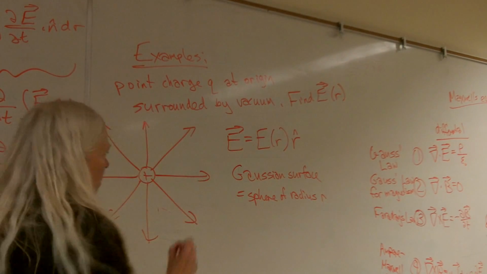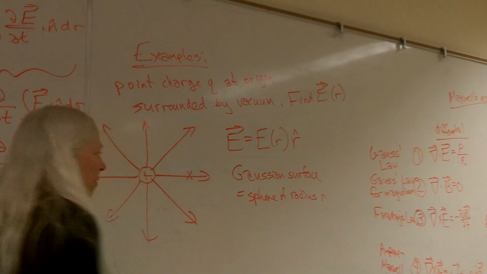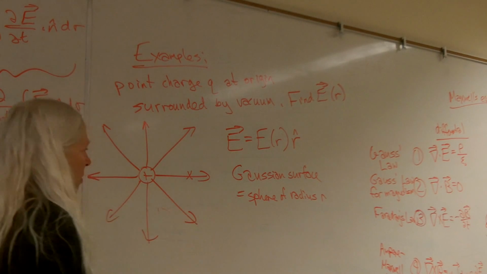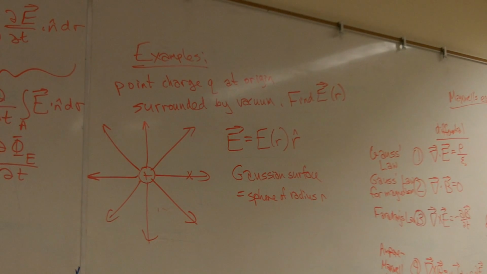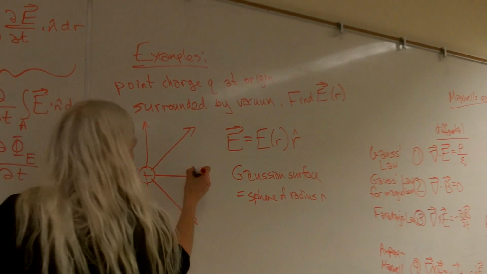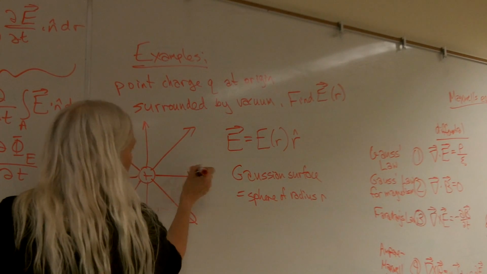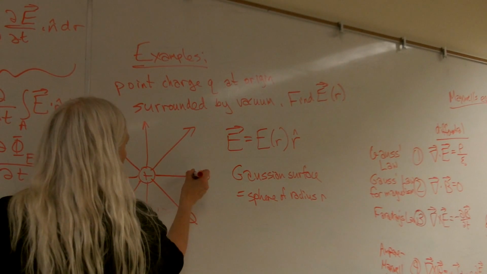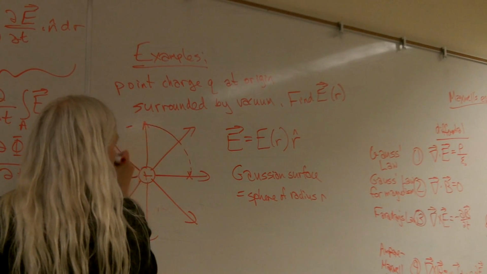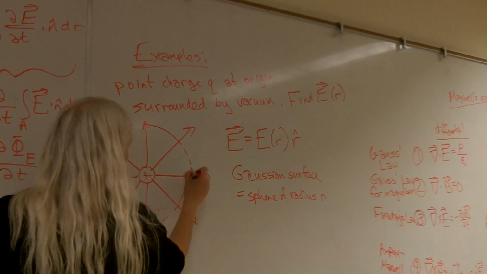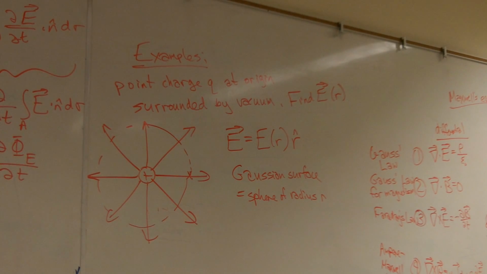If we're at a certain distance r away from the charge, we want to find the electric field at that point. Our Gaussian surface has to pass through the point at which we want the field, and we want to exploit the symmetry of the problem in a way that I'll clarify in a minute. In other words, our Gaussian surface will be centered on the charge, and it will pass through the point at which we want the field.